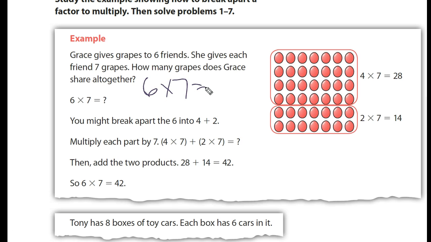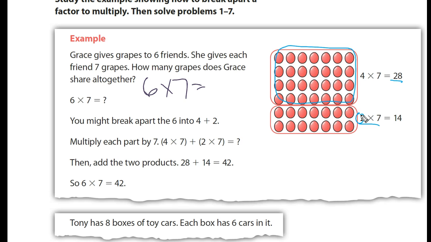And what they did was they divided the first group into 4 times 7 because there were 4 groups. Okay, 4 rows with 7 each, and they got 28. Then the multiplication equation they had for the second group was 2 rows with 7 each.